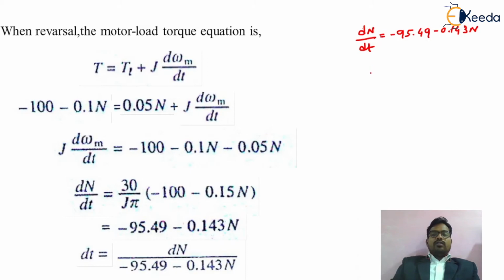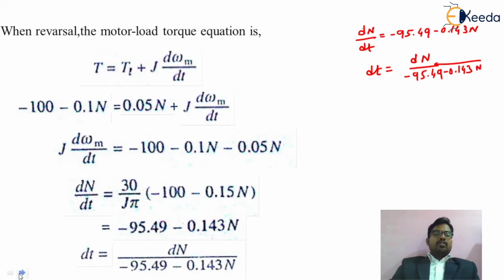So we want to calculate the value of dt. For the calculation of dt, we shift the terms, so dn divided by minus 95.49 minus 0.143 n. So this will be the equation of your dt.